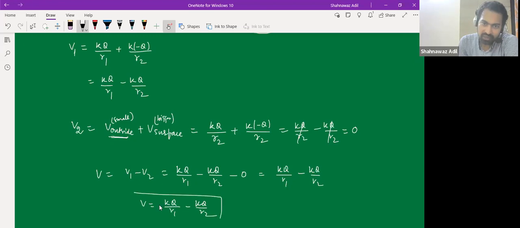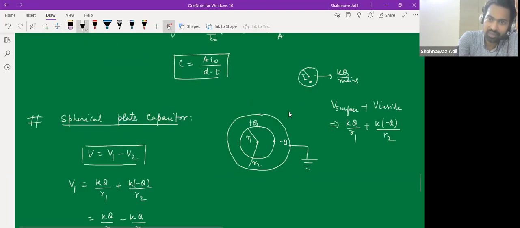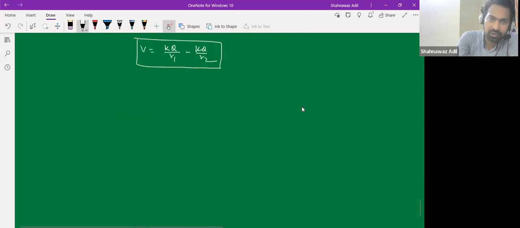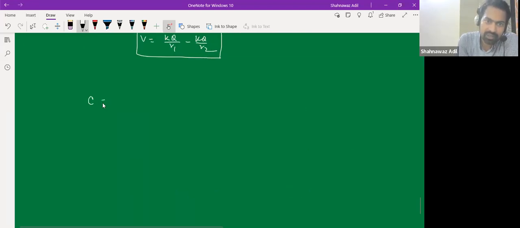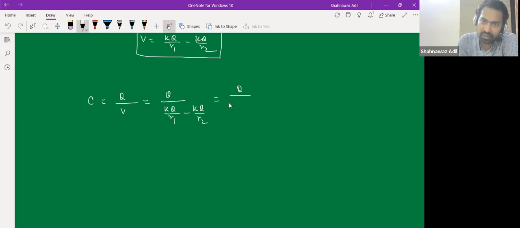Now we have calculated the potential and we know the charge, which is Q. So the capacitance is Q by V, where V is KQ by R1 minus KQ by R2. We take K and Q outside, so this is 1 by R1 minus 1 by R2.